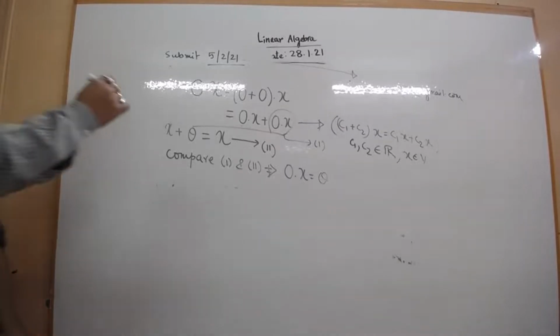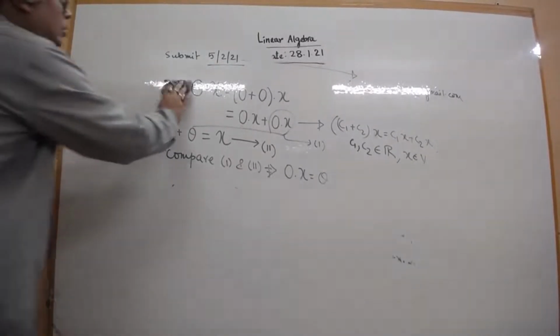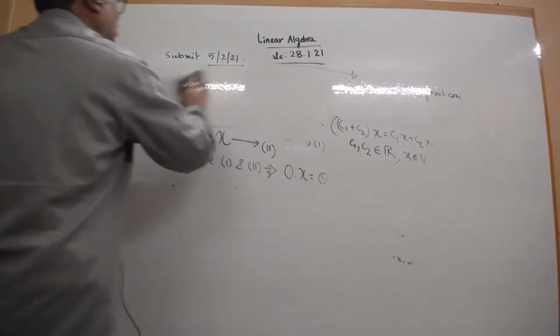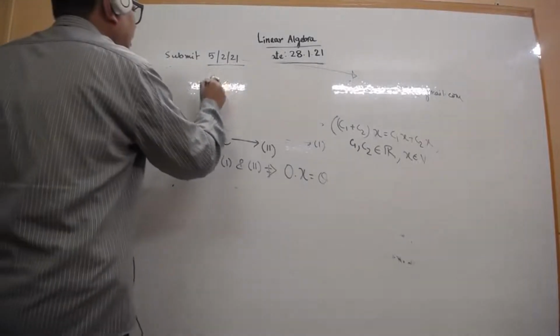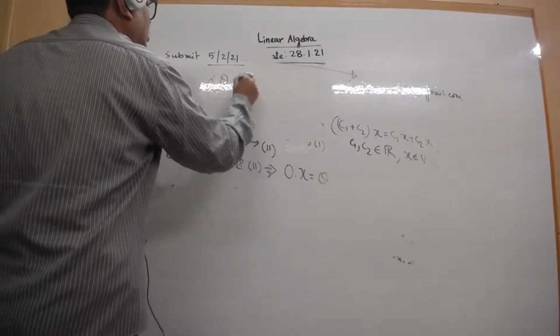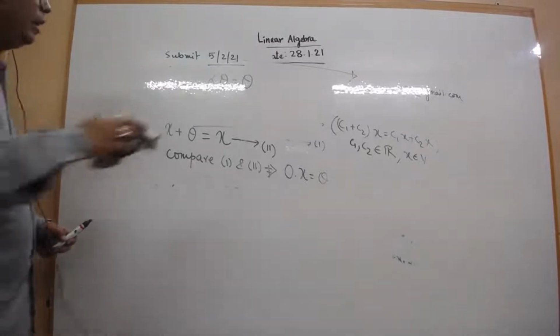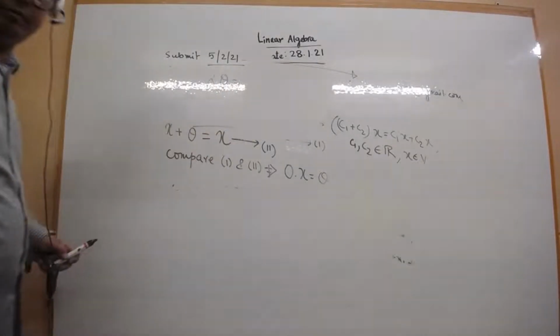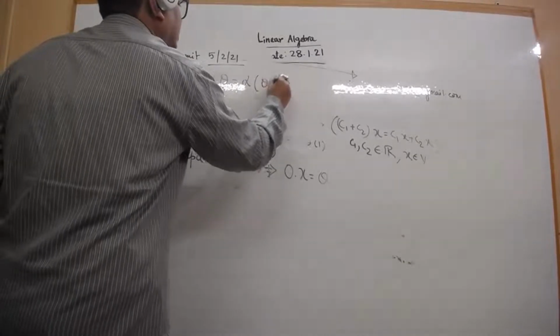And the next part, that is alpha theta equal to theta. So we write theta equal to theta plus theta. Why?